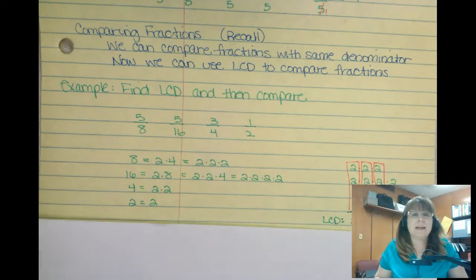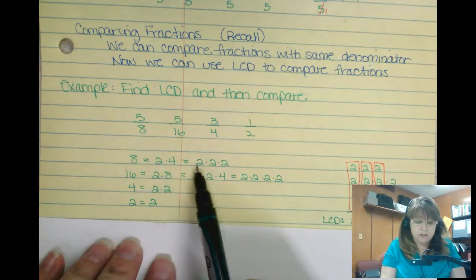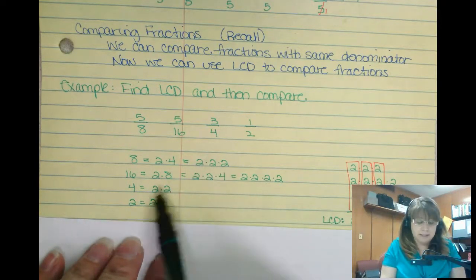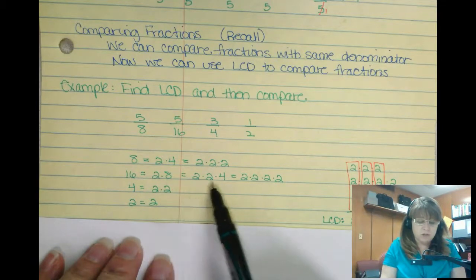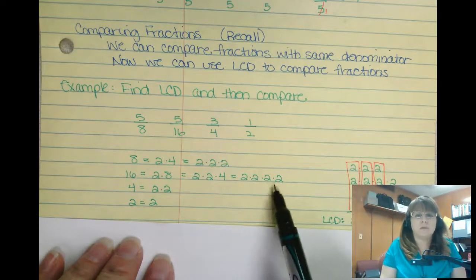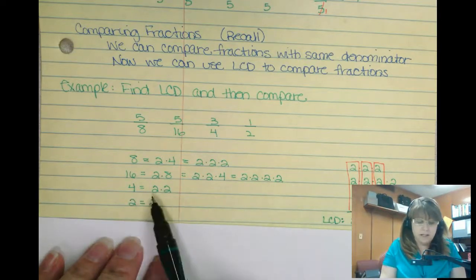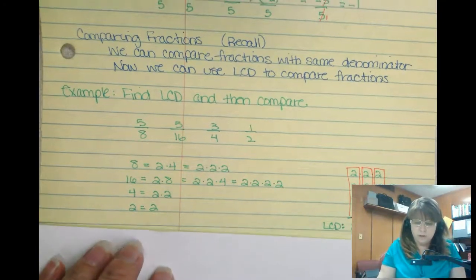So when I break it down, 8 is 2 times 4, which is 2 times 2 times 2. 16 is 2 times 8, which is 2 times 2 times 4, which is 2 times 2 times 2 times 2. 4 is 2 times 2, and 2 is 2. So what do they have in common?